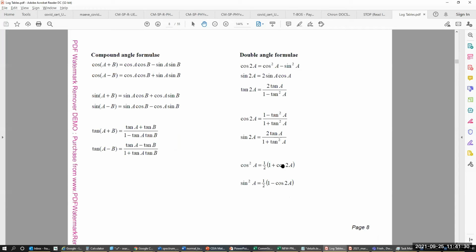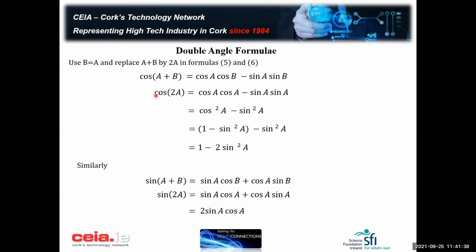And if you think about it, this can be arranged as a cos 2A equals something as well, and there are two other forms of cos 2A. So there are many ways of expressing cos 2A, and you should get used to making those substitutions, because it does come up in a lot of questions.